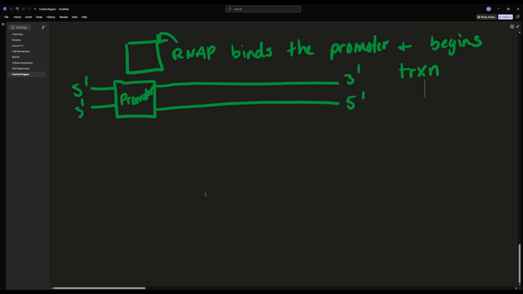However, because we, in transcription, don't need that super high fidelity because our master copy, that DNA, is fine, we can be a little bit more lenient and allow RNA polymerase to do it all by itself. So in terms of elongation, which is what we're going to move on to next, this is all done by RNA polymerase.